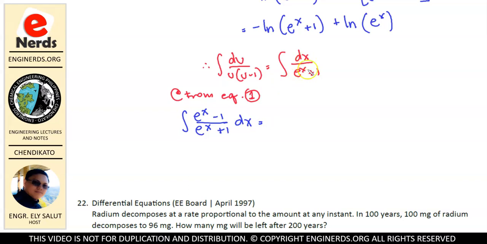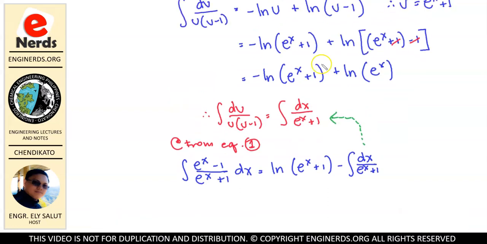as we said earlier, ln e to the x plus 1, which is our equation number 1, minus the integral of dx over e to the x plus 1. But as we said earlier, this is equal to this. So nasagutan na natin yan. That means this one is equal to negative ln e to the x plus 1 plus ln e to the x.